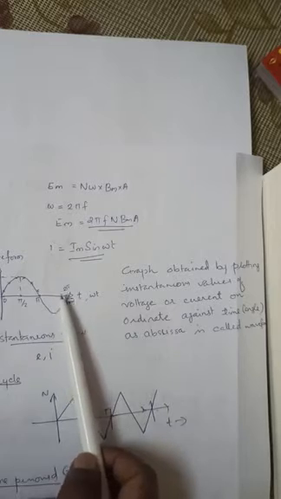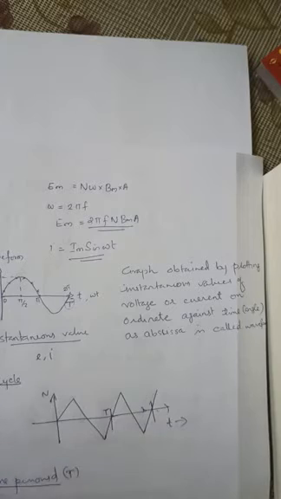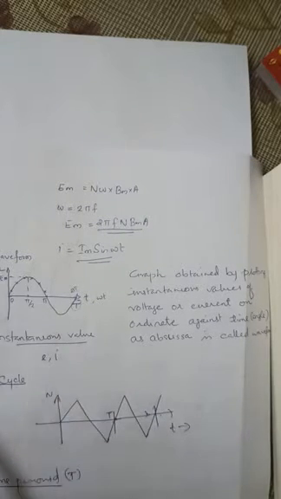That is, for each instant of time we take the instantaneous value of the voltage, and the graph obtained by plotting all the instantaneous values gives us a waveform. This is the voltage waveform.